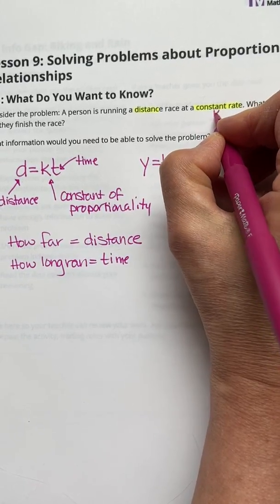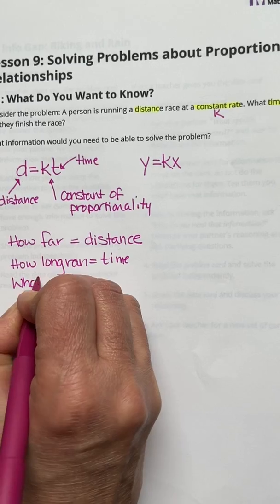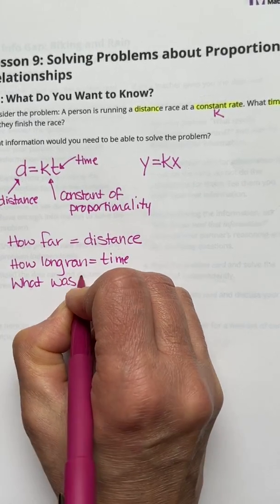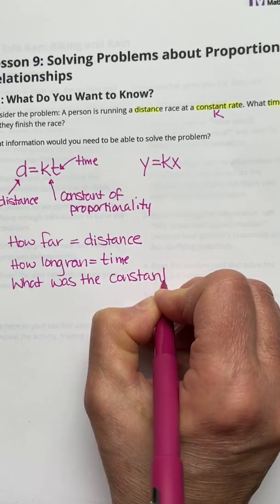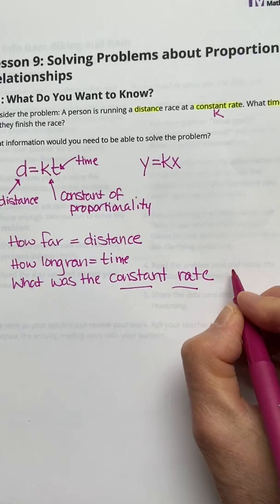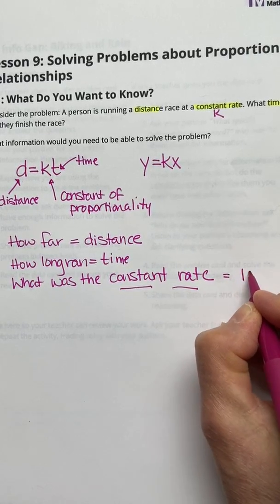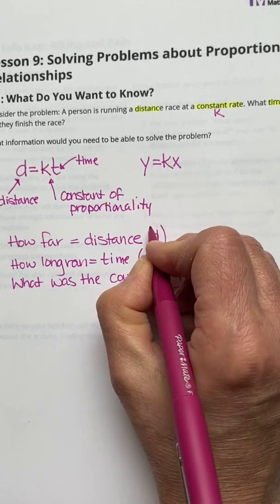And that's what my K is. That's my constant rate, okay? Remember that's my constant of proportionality. So that's my K, this was my T, and this was my D.